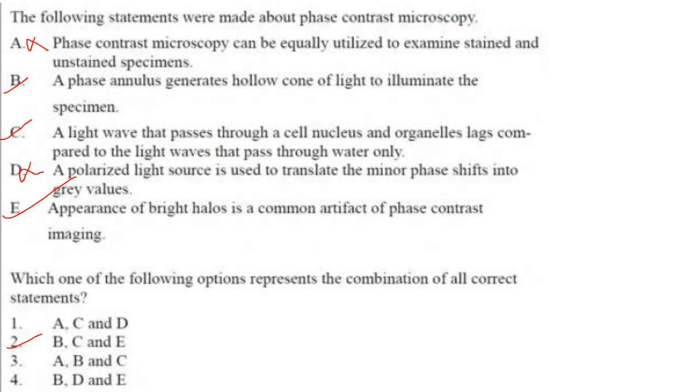A polarized light source is used to translate the minor phase shifts into gray values. It is not a polarized light source, but a phase plate is used. So D is not correct. Appearance of bright halos is a common artifact of phase contrast imaging. That is also correct. So B, C, E are correct. A and D are wrong.